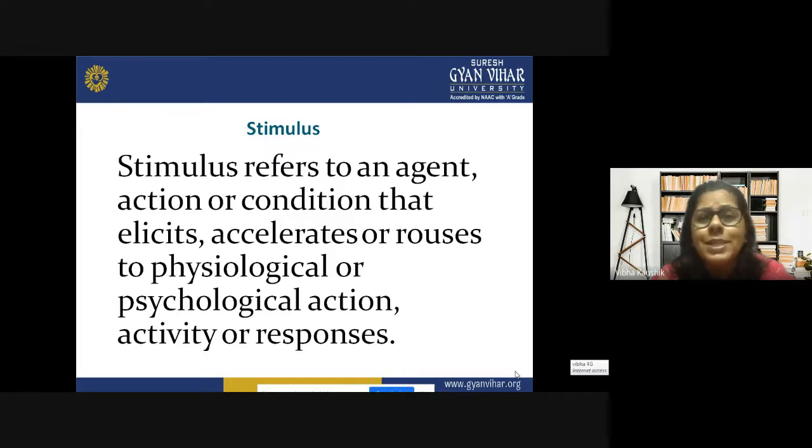It means stimulus is a way that is encouraging you to give a response. For example, if I instruct a student to switch on the fan, so that the student has to do an action related to it.